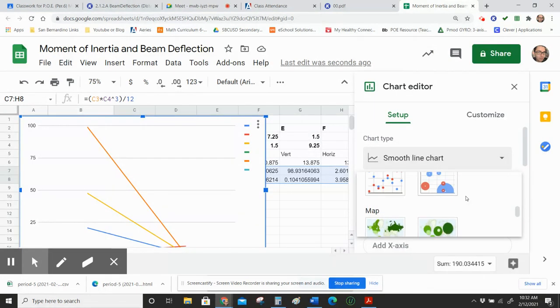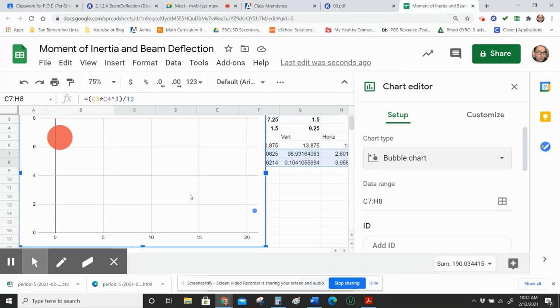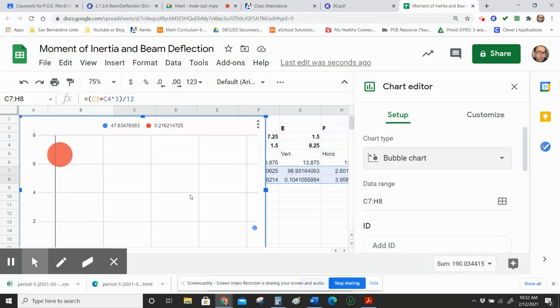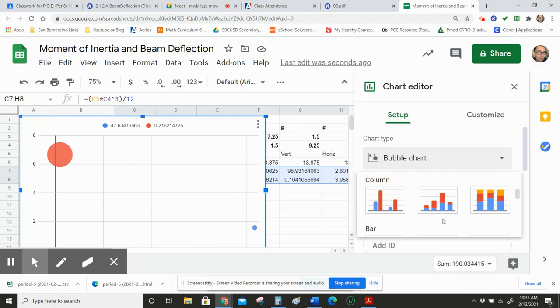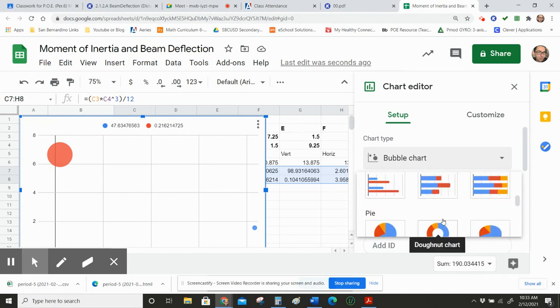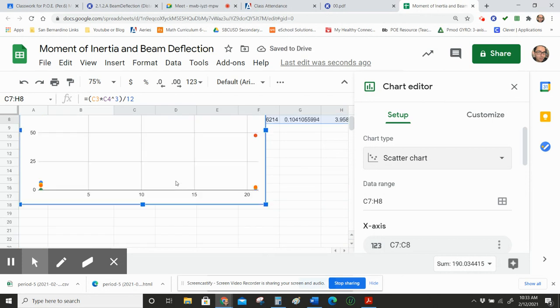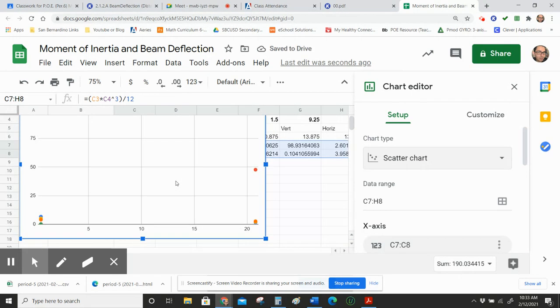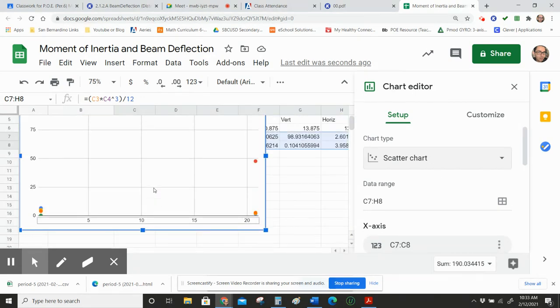I think when I first had this, let's see what this gives us. Not quite. We'll get to the bottom of this. We have to. Let's go back to the scatter one.